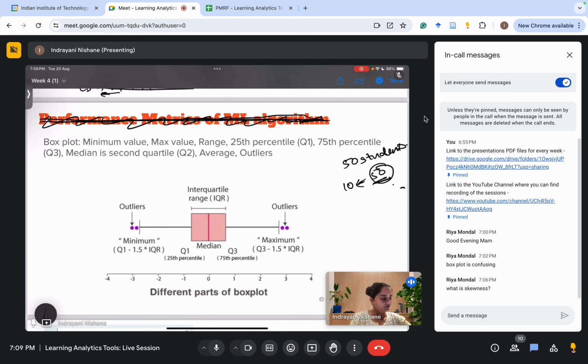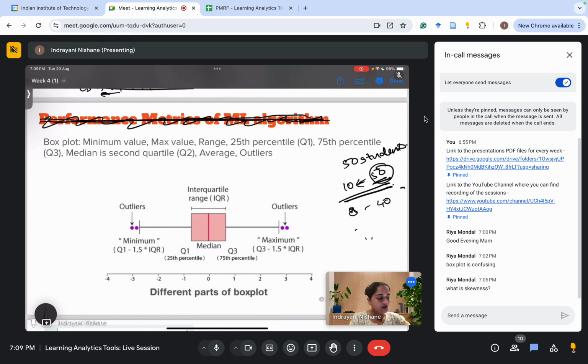And 8 students scored 40, and so on. But then which number occurs the maximum number of times as our x and y value? x would be roll number, the independent variable, and the dependent variable will be the score of students. So in that score, the number which occurs the maximum number of times would be the median.